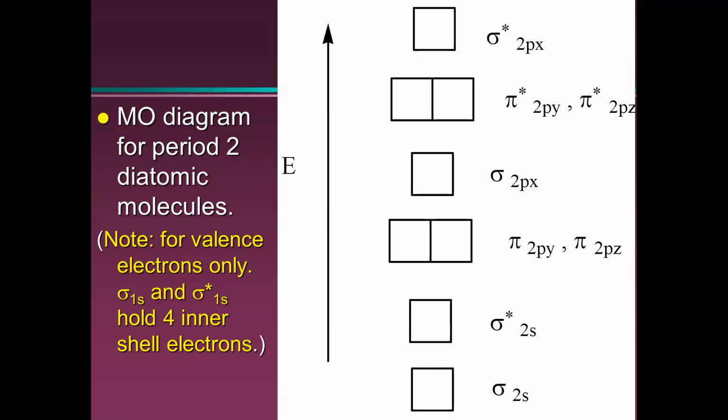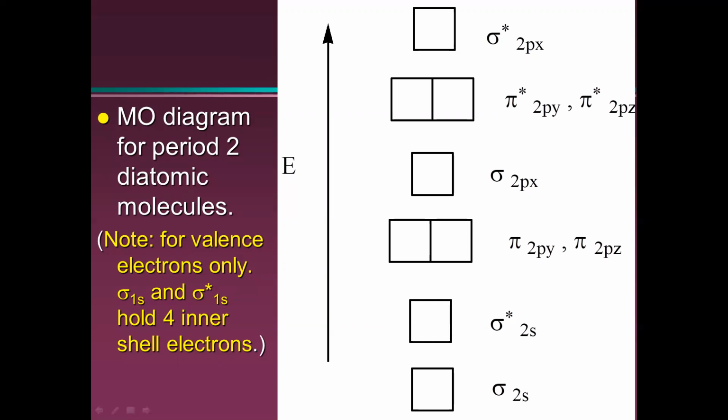Let's use some examples. This is a molecular orbital diagram for period 2 diatomic molecules. Again, to make it simple, we skip the sigma 1s and sigma 1s antibonding, which hold inner shell electrons below here. Okay, we skip it now. We focus on the valence electrons only.